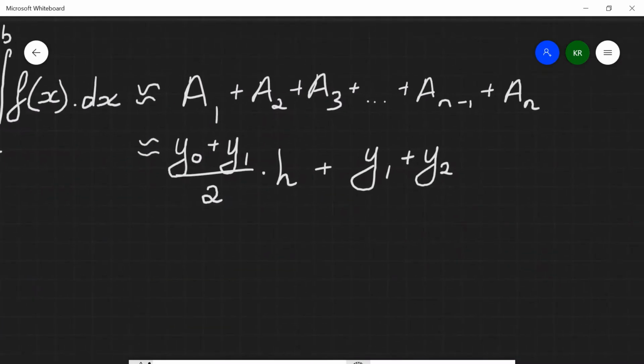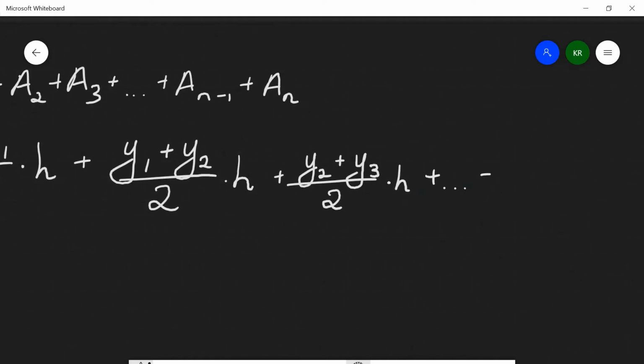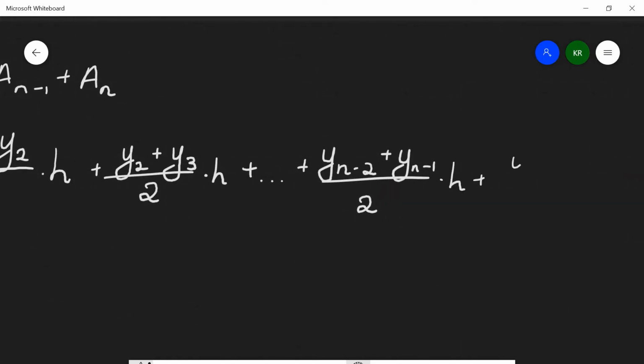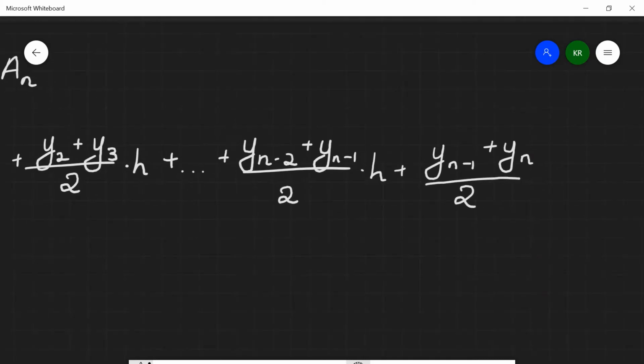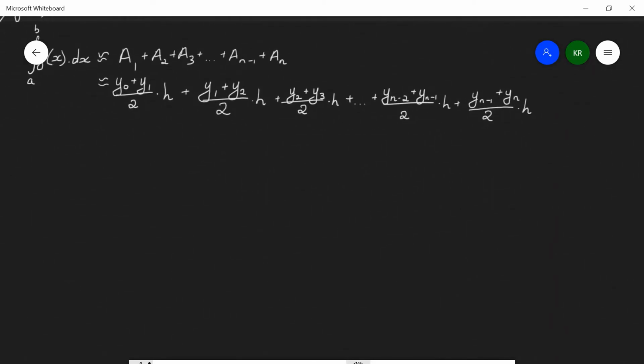And that continues on over 2 times the height, and then similarly we're going to get y2 plus y3 over 2 times the height, plus all the ones in the middle, plus y of n minus 2 plus y of n minus 1 over 2 times the height, plus y of n minus 1 plus y of n over 2 times the height. So that's the sum of our areas.